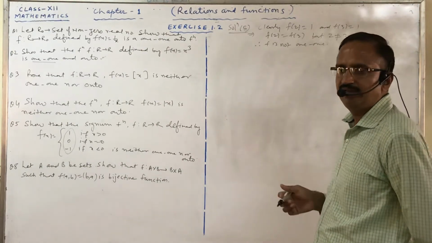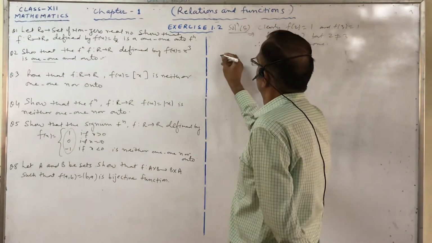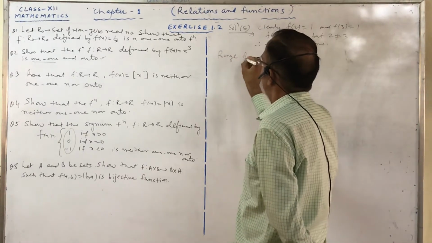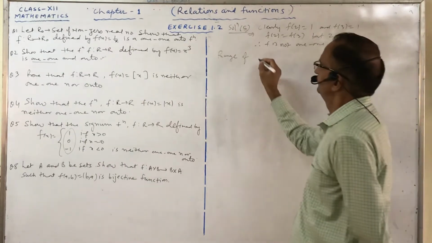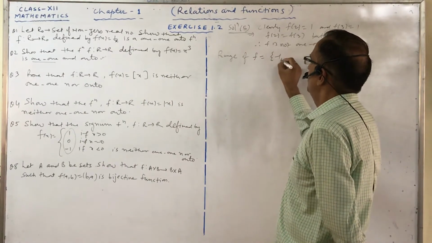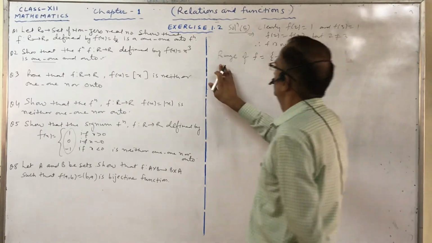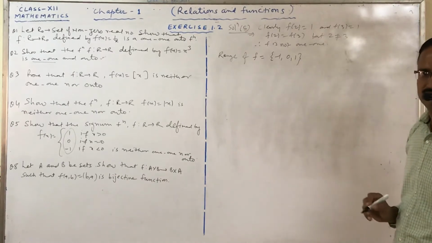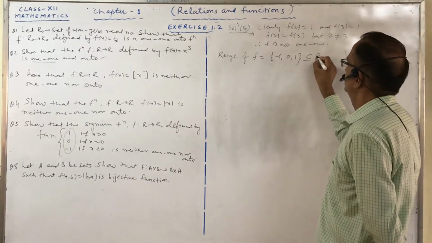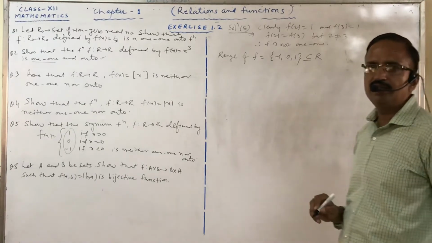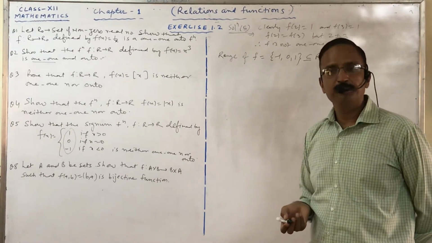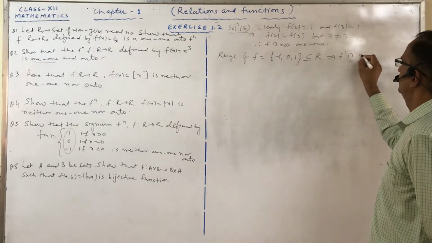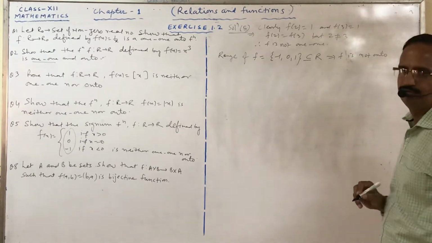So directly we can write the range of f is -1, 0 and 1. This is limited, and this is a subset of the real numbers. It means the other real numbers do not have any pre-image. This implies that f is not onto.